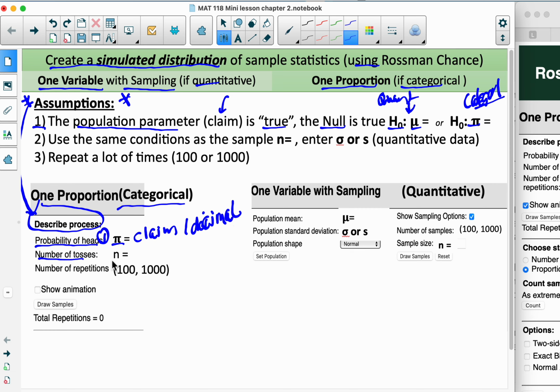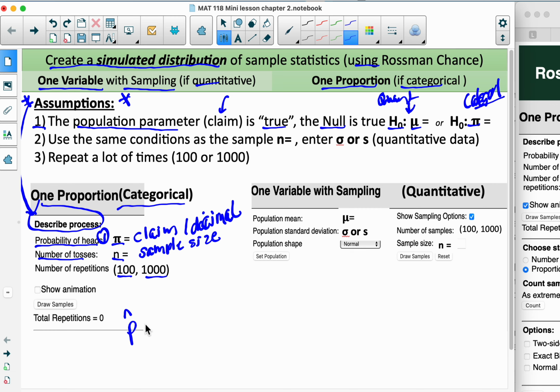In the second entry, we put our sample size n. And then in the number of repetitions, we either put 100 or 1,000. We just repeat this a number of times so that it will generate a distribution of simulated p-hats.